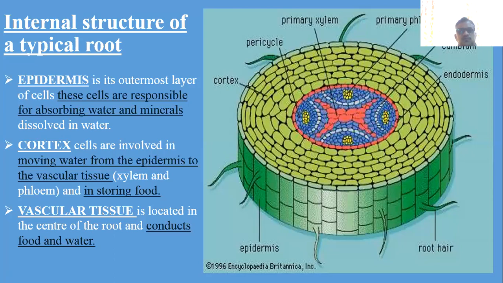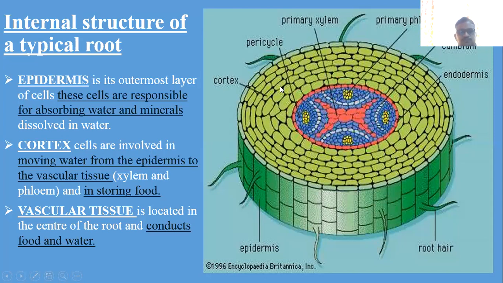So here is the important structure of a typical root, in which we can check a particular area of a root section, and in that root section we can see different layers of specific cells, which have a specific role in absorption.